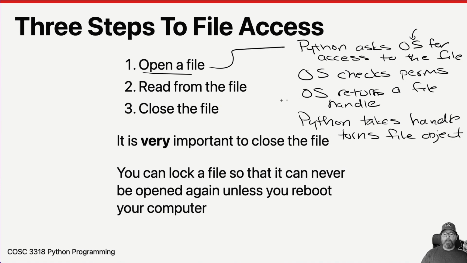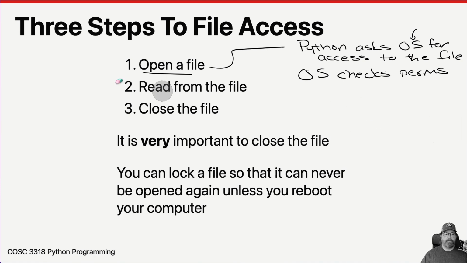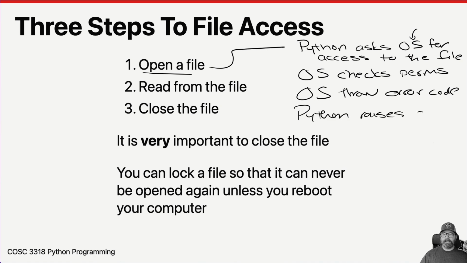If, let's say, the file doesn't exist, at this point, the OS will throw an error. It'll be like, here's an error code, buddy. And then Python takes that and raises an exception.